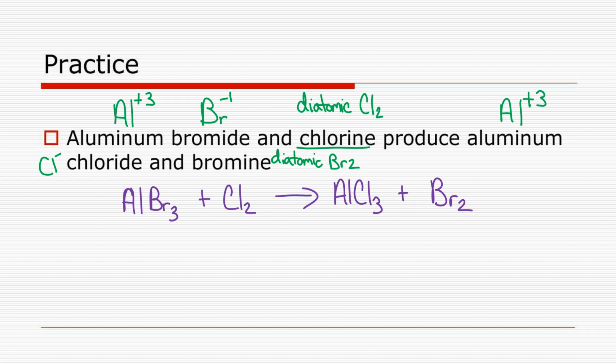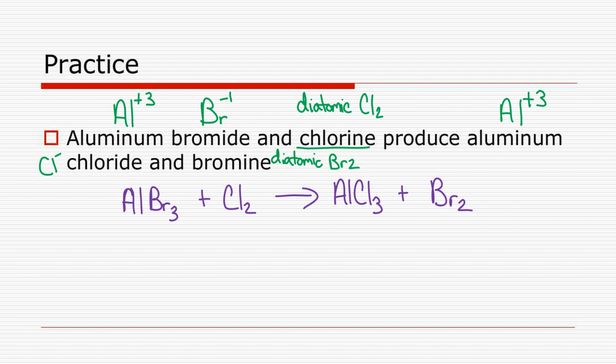Aluminum chloride, same kind of situation. Aluminum always has a +3 charge. Chlorine always has a -1 charge because of their locations on the periodic table. So it's going to be AlCl3 because of balancing the charge. And then bromine is also one of the diatomics, part of Brinkelhoff. So you're going to write it as Br2.